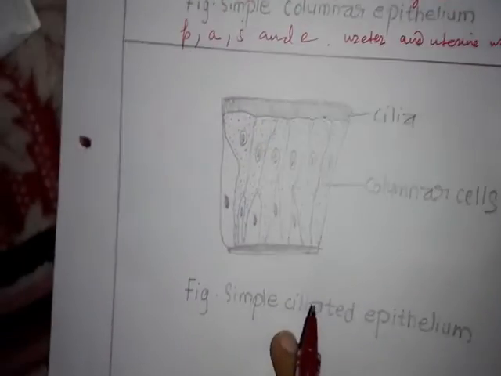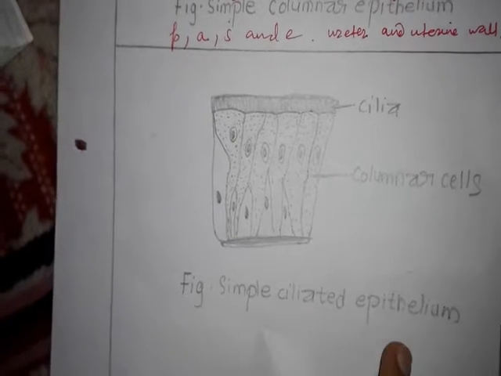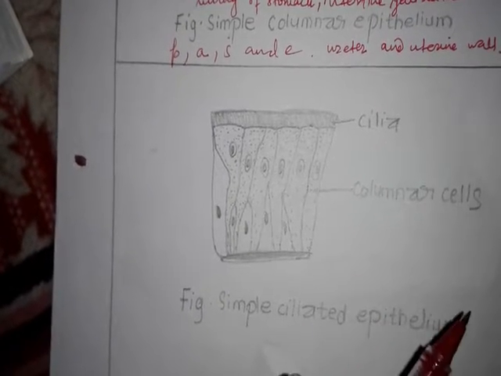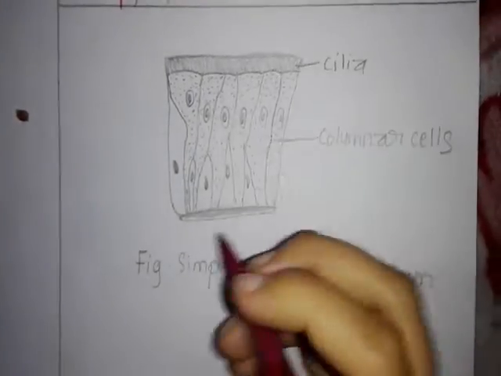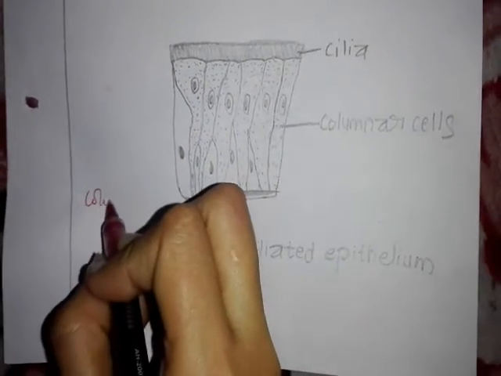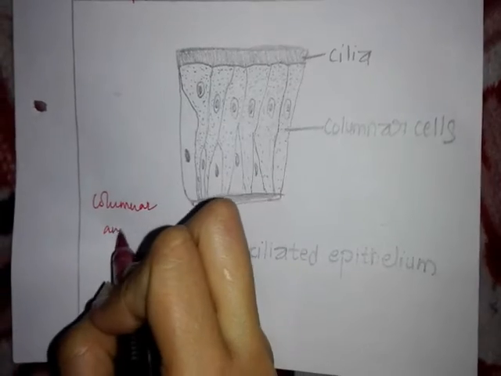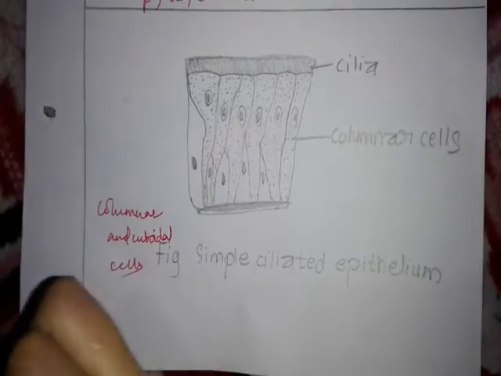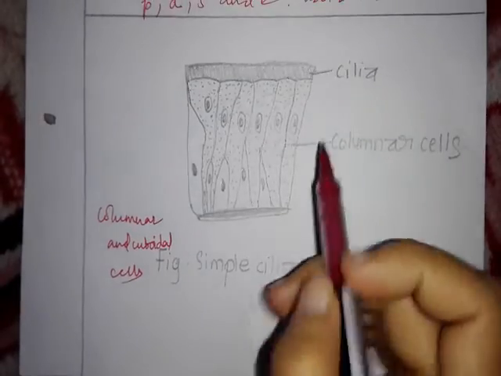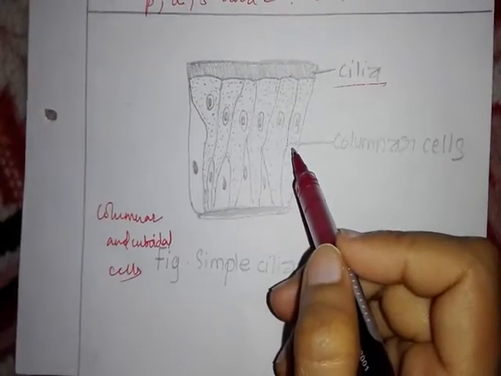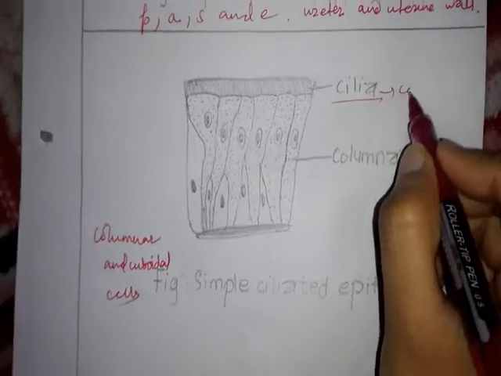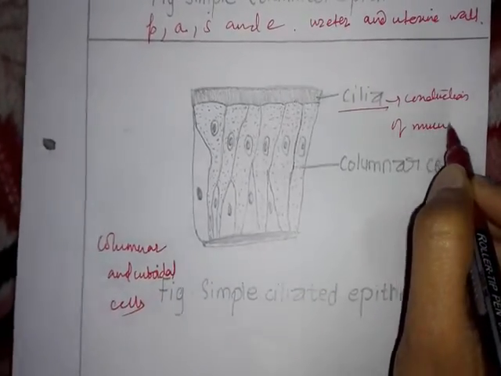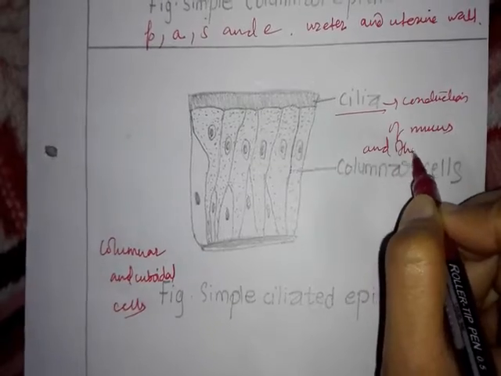The next one is simple ciliated epithelium. It is a type of specialized epithelial tissue. It is a modified form of columnar and cuboidal cells. In the free margins of cells, cilia are present. Cilia help in conduction of mucus and other substances.